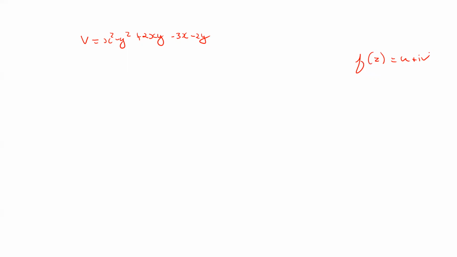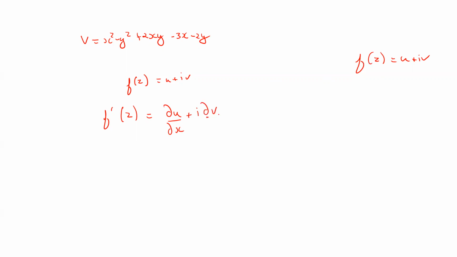This is what we'll do. f of z is nothing but u plus iv, right? So what will f dash of z be? f dash of z is du by dx plus i dv by dx, the partial derivative with respect to x.